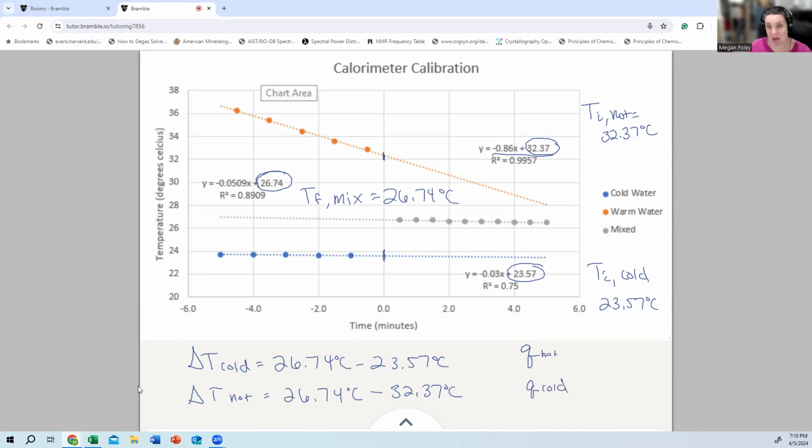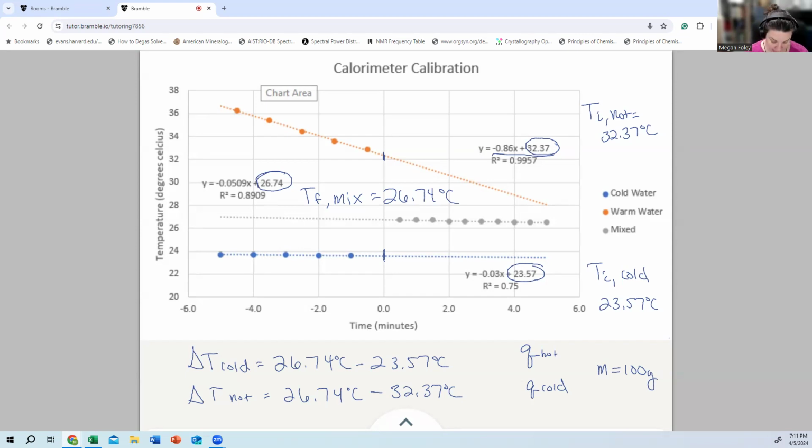And keep in mind that each of these were 50 milliliters. So adding them together, we have a total of 100 milliliters. So our mass for both of them is going to be 100 grams. So that's how we're going to actually solve. We're going to solve for our Q hot. We're going to solve for our Q cold.